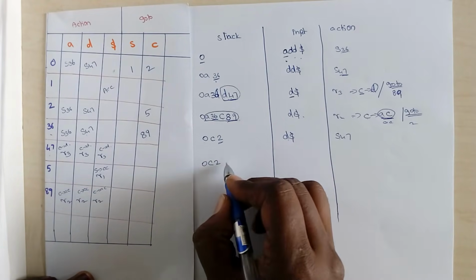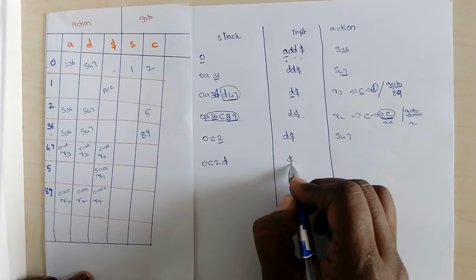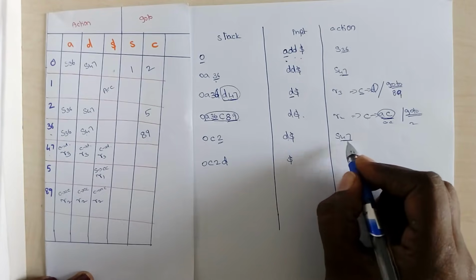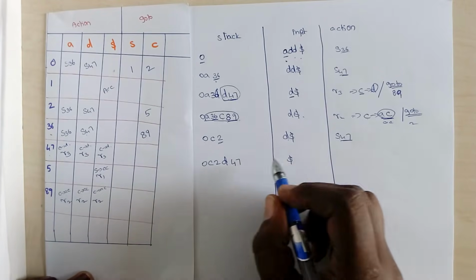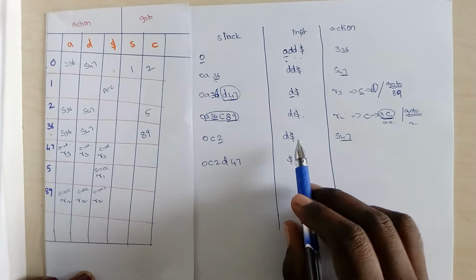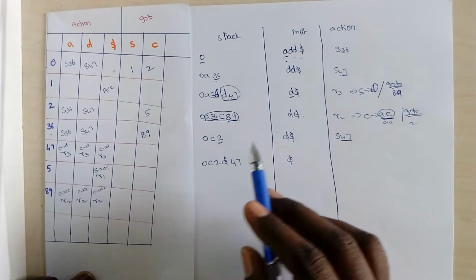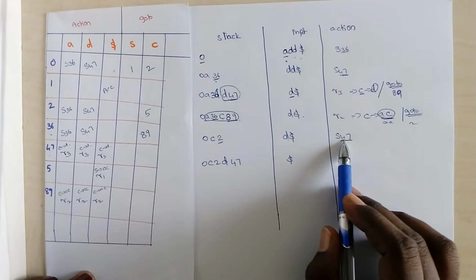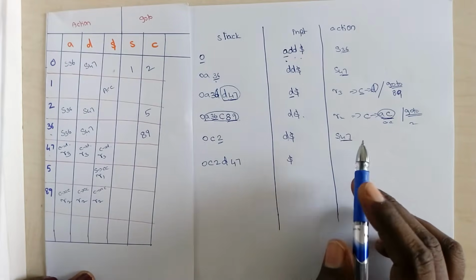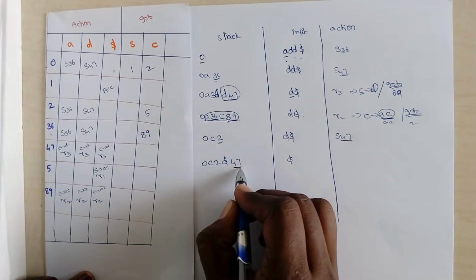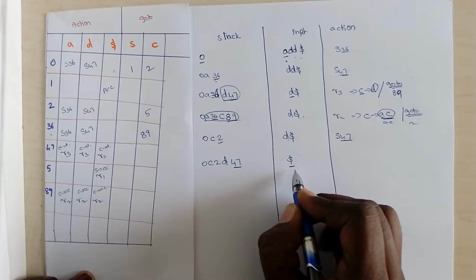We shift this D into the stack, and the remaining input will be dollar, and we make a transition to state 47. Now the topmost element of the stack is 47, and again the input contains dollar.